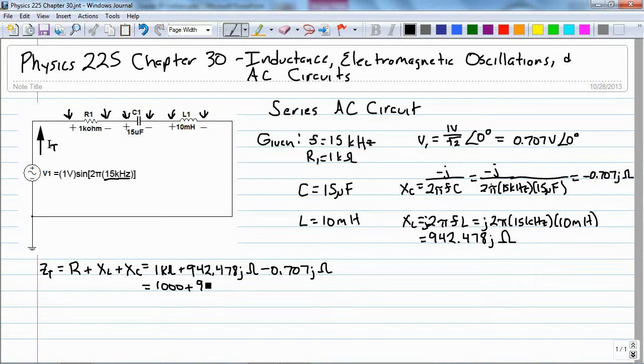It's going to be 941.77 J, and all of that is a unit of ohms.